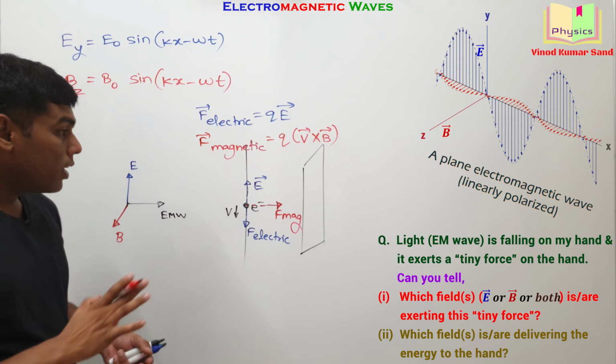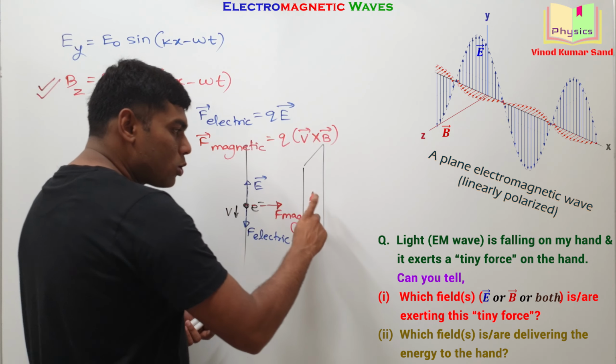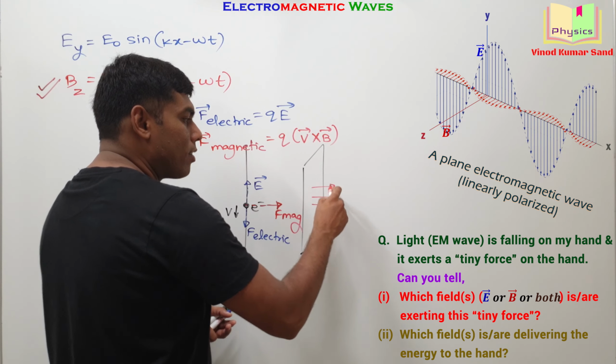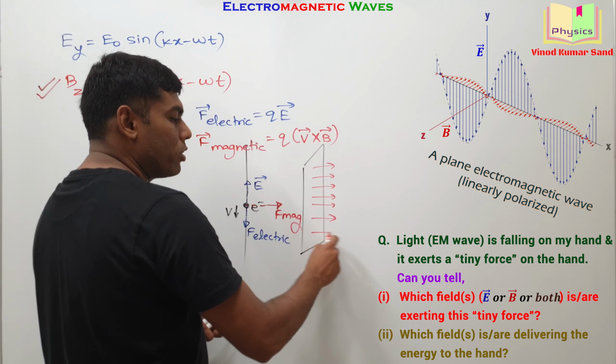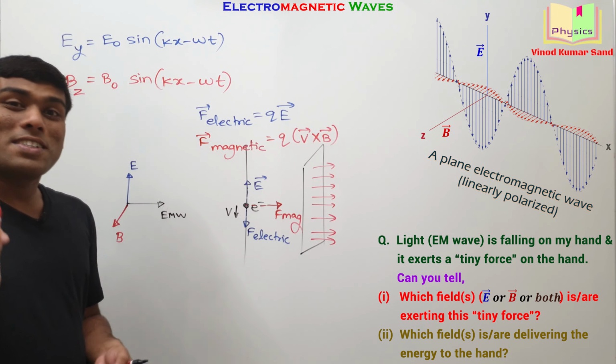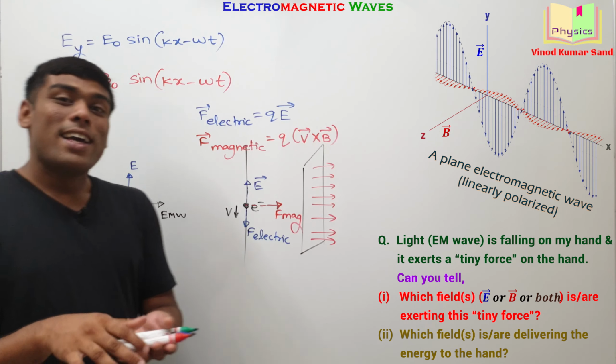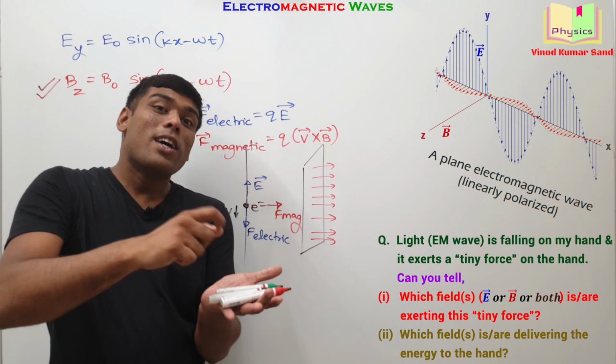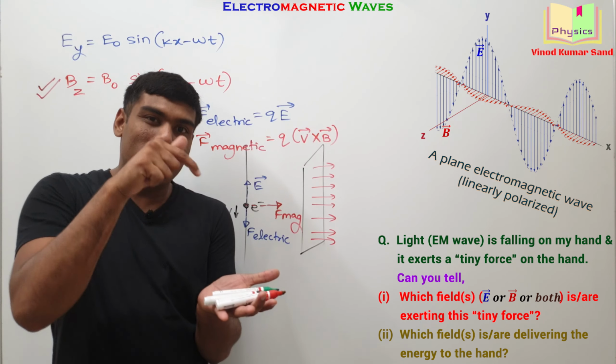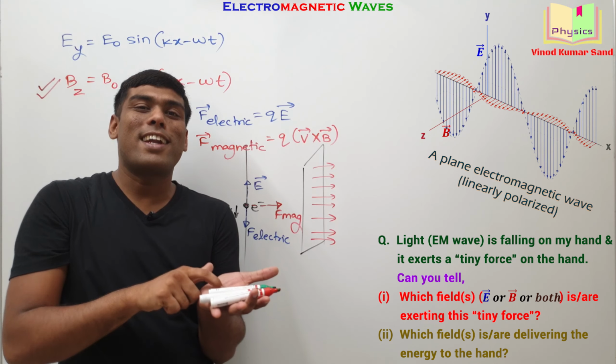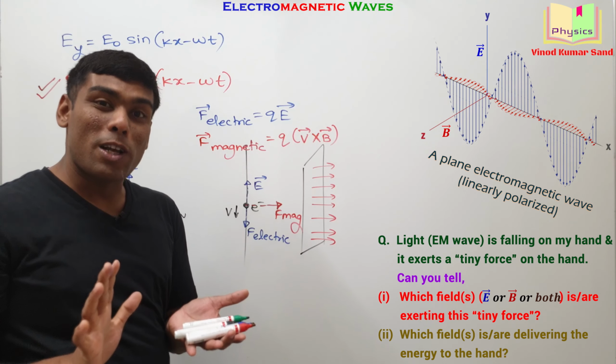Do you agree? This magnetic force creates the radiation pressure on the surface. So it's an important answer. In an EM wave, the magnetic component is responsible for creating the radiation pressure.